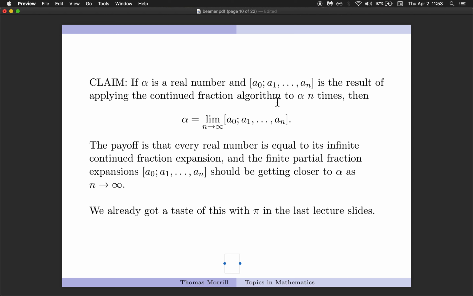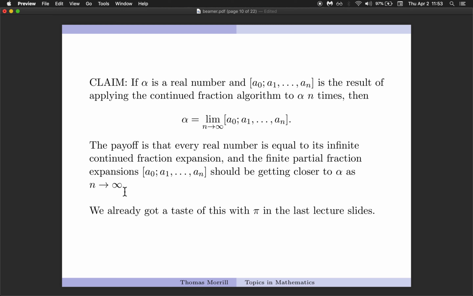I just used the algorithm n times. Then I claim that alpha is in fact the limit of those finite continued fractions. So the payoff is that every real number is equal to its infinite continued fraction expansion. Every single real number has one of these expansions, just the same way as every single real number has a decimal expansion. Okay, cool.